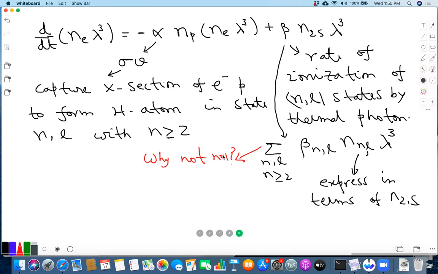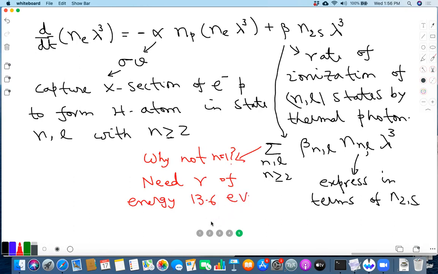The reason that we are not including this is the following: in order to excite the ground state of the hydrogen atom to an e⁻ p pair, we need a photon of energy 13.6 electron volt.